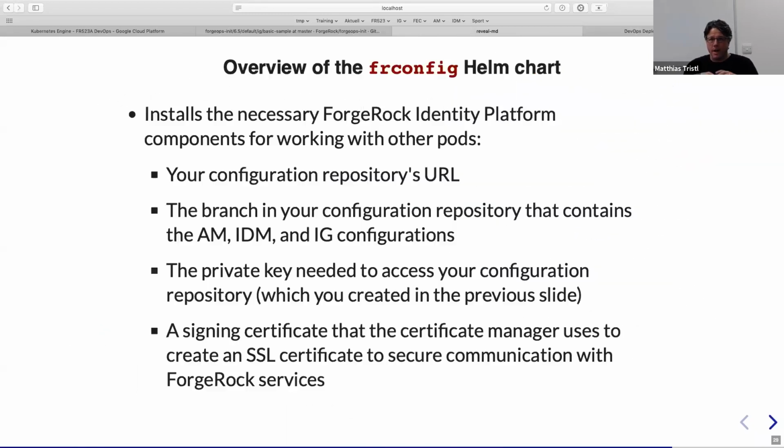So what we decided in our environment here is we first run an FRconfig Helm chart. The main purpose of that FRconfig Helm chart is to set some kind of environment variables in your Kubernetes environment, which are available for all the pods in that namespace, so that they can find where the Docker repository is or where the Git repository is from which to download that configuration.